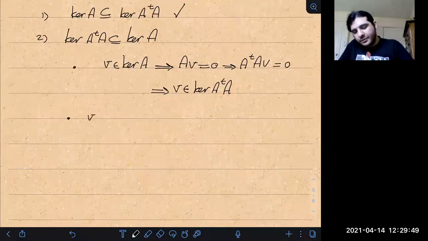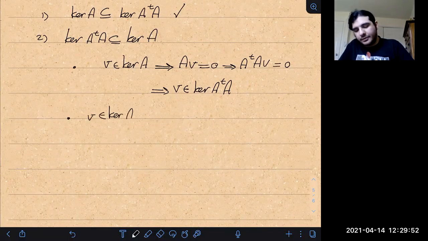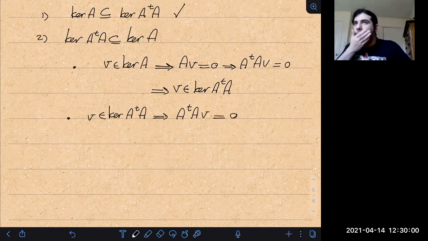Suppose we have a vector v inside the kernel of A transpose A. So A transpose A times v is equal to 0.